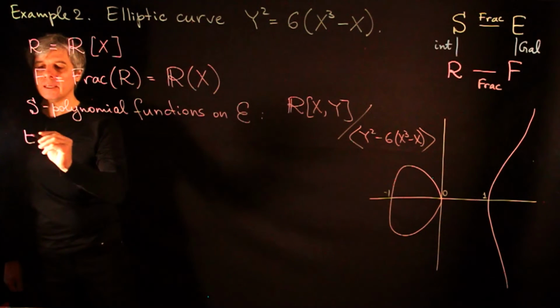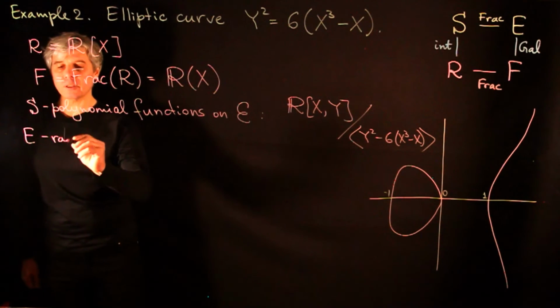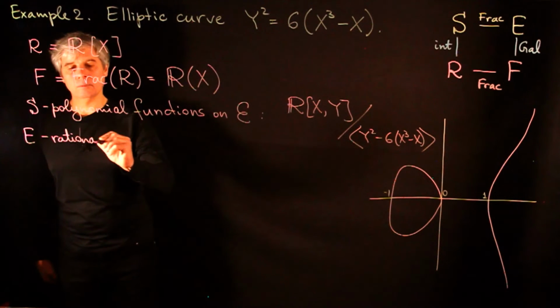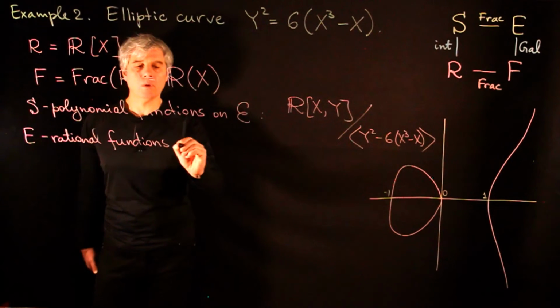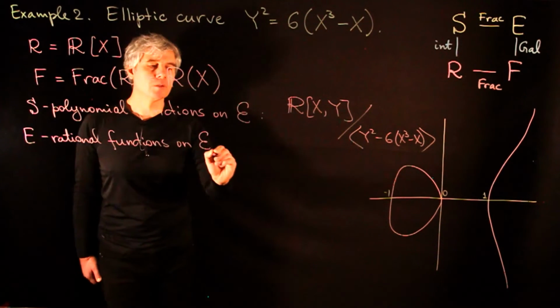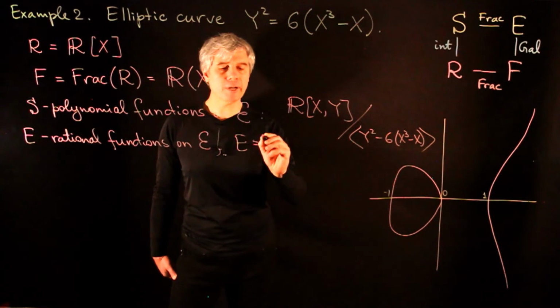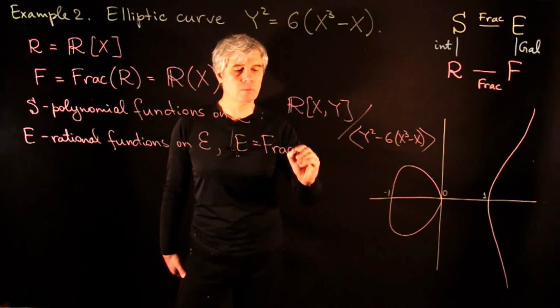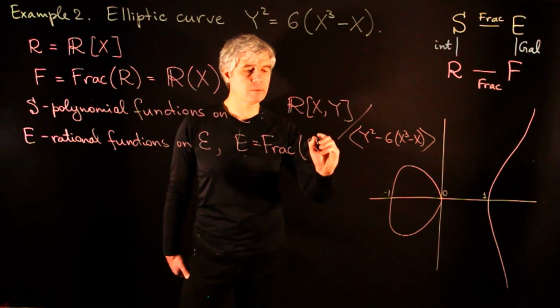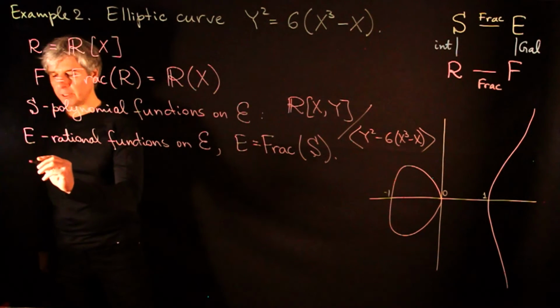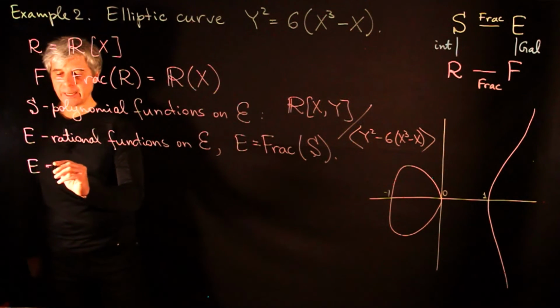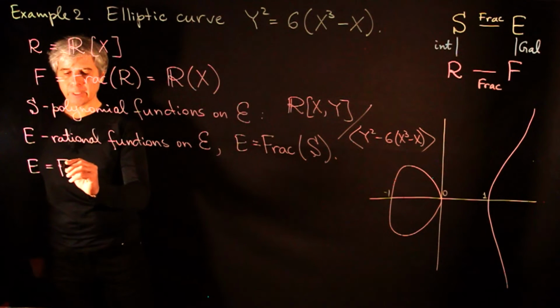And as a field E, we take rational functions on this elliptic curve. So this is the field of fractions of the ring S.